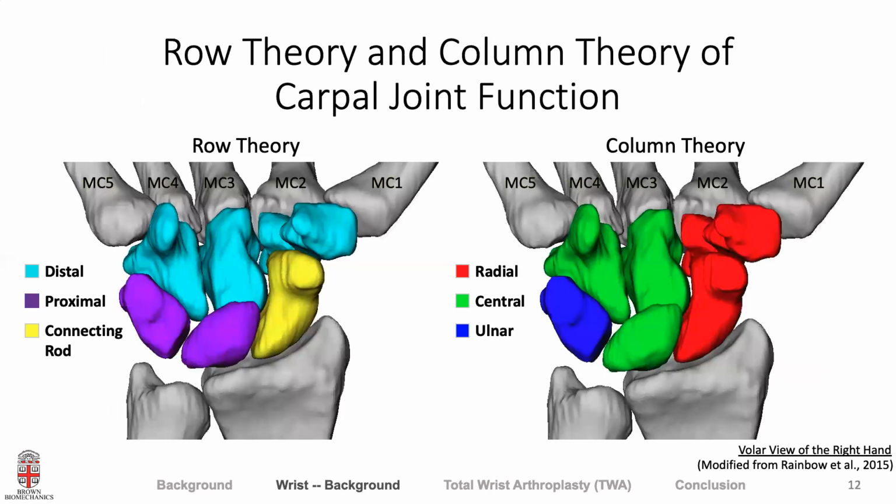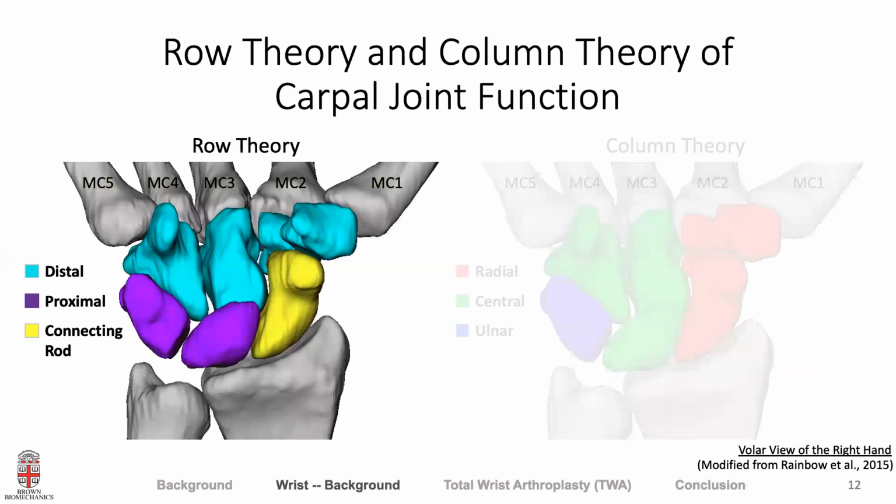Previous literature has come up with two main theories about how the carpal joint functions, based mostly on in vitro studies. First is the row theory, which you see on the left, which organizes the carpus into proximal and distal rows.